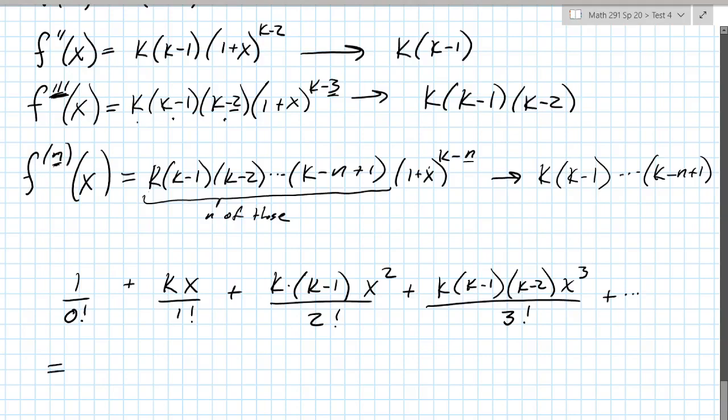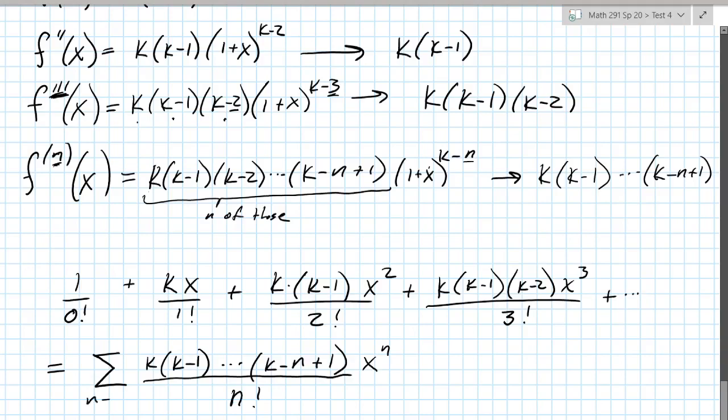So let's try to write this as a sum. What do we have? We have this nth term, k times k minus 1, dot, dot, dot, k minus n plus 1, x to the n, all over n factorial, going from 0 to infinity.